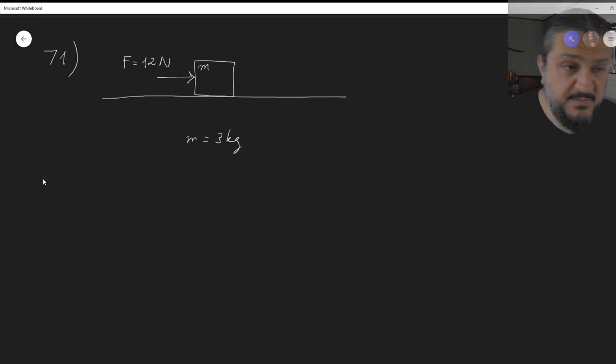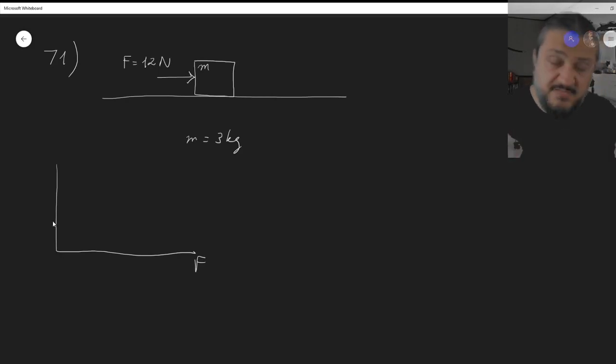Okay, so remember, in the case of friction, you could start with a force less than this 12. And you could increase gradually that force. And what happens is, the friction force that opposes you, which is between the block and the surface, also increases.